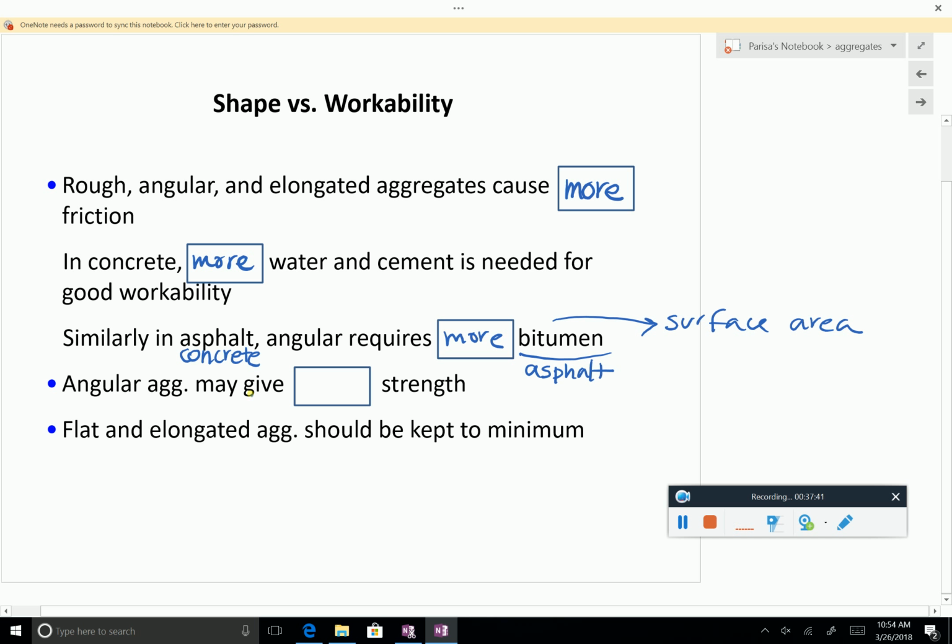Angular aggregates may give more or less strength. If you have angular aggregates compacted together and rounded aggregates, compare them, which one gives you more strength?